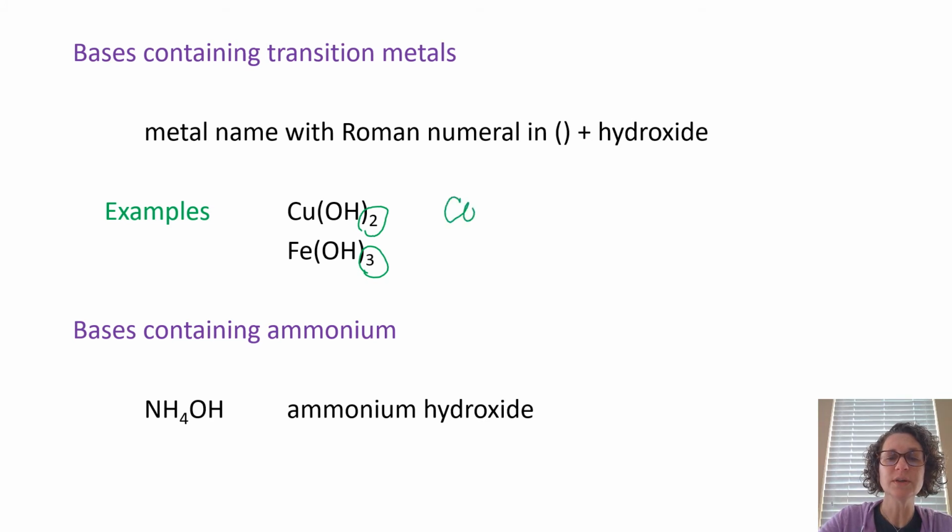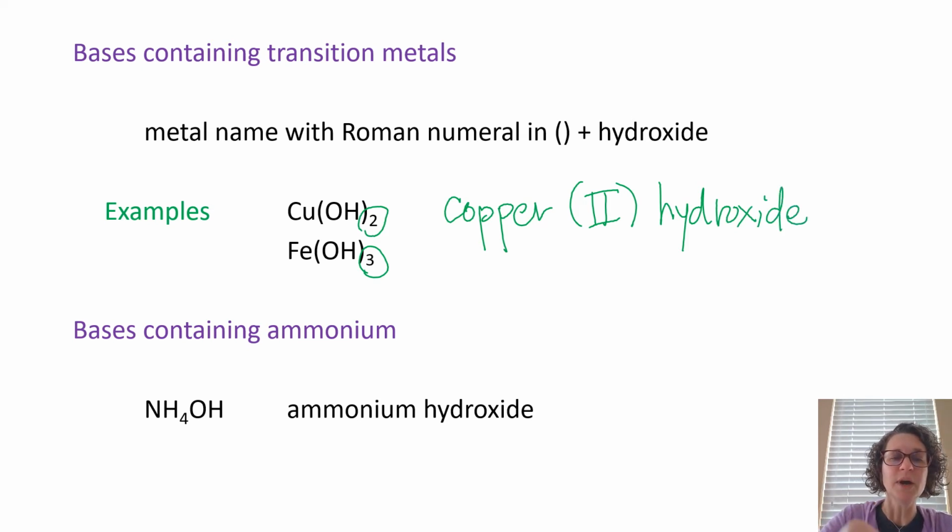And so CuOH2 is copper, and then Roman numeral 2 hydroxide. I know that it's a 2, and if you needed to figure it out, OH is -1, and I have 2 of them, which means copper has to be +2. So that's where that Roman numeral 2 comes from. Okay, and then FeOH3.